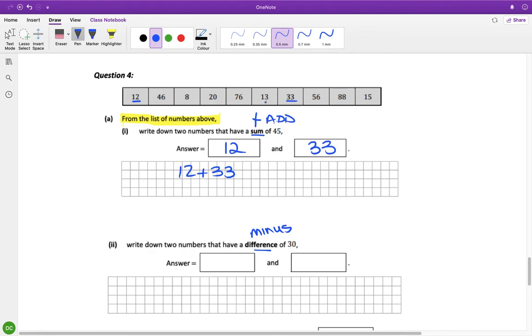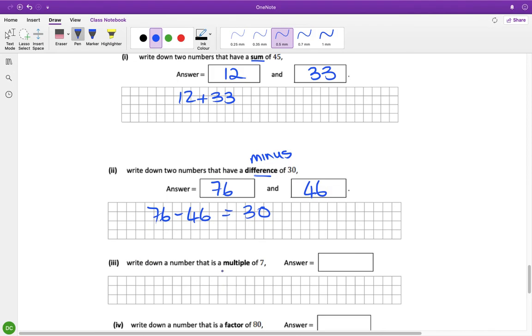No, that's only 20. 76 and 56 is only 20. Oh, 46 and 76. There you go. So if you do 76 minus 46, you get 30. Now there might be other possibilities here that I'm not seeing.